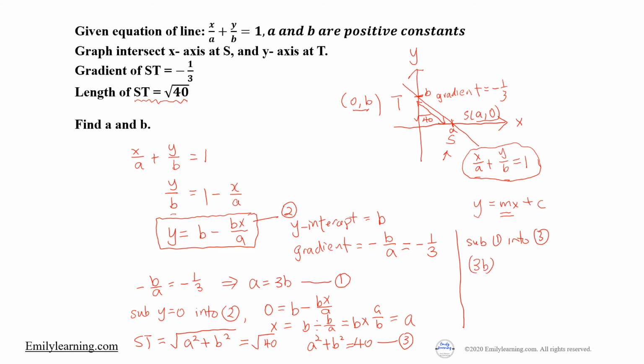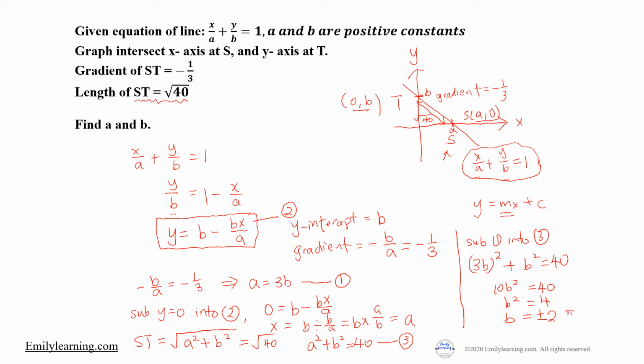So a is 3b, so I'll sub a equals to 3b. So 3b whole thing squared is 9b squared. 9b squared plus b squared is 10b squared. Okay, divide by 10 on both sides. I get b equals to plus minus 2.